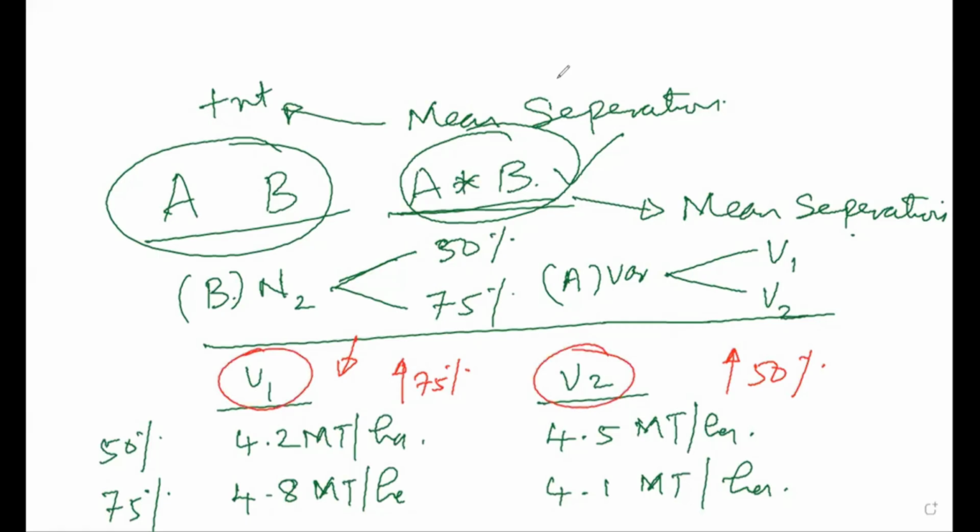So when you recommend, do you recommend 75% for both varieties? No. For variety 1, 75% is giving the maximum yield. For variety 2, 50% is giving the maximum yield. So two different recommendations for these two varieties. This is what we call interaction. Wait, I will finish it further.